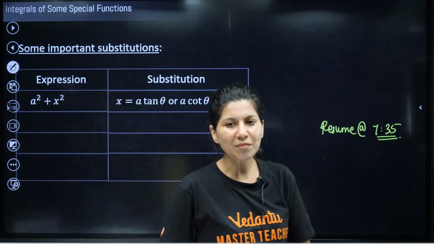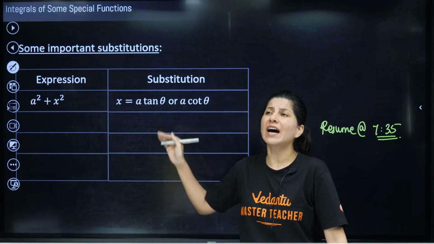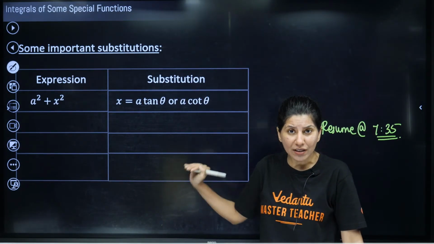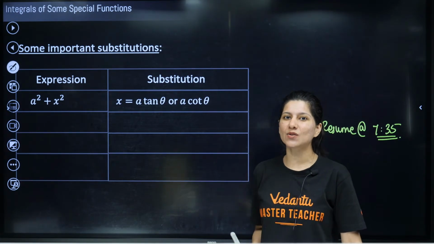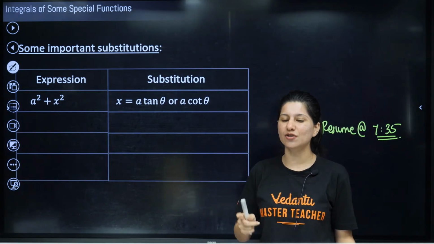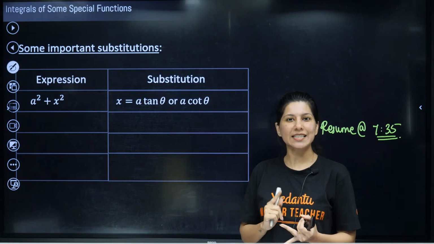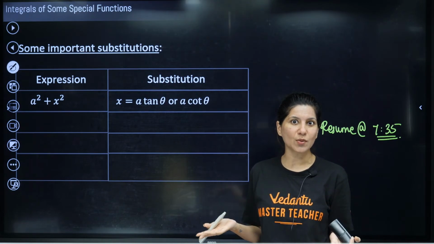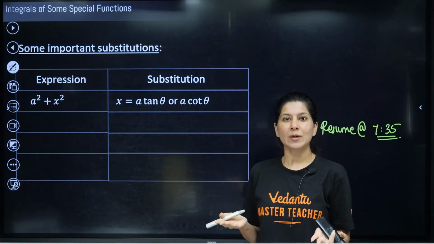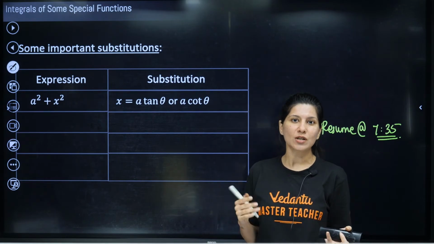Now you must be wondering, ma'am, do we have to cram this, do we have to rote it? No. Just understand, a square plus x square, you have 6 trigonometric ratios: sine, cos, tan, cosec, sec, cot. And you know the basic class 10 identities also: sine square plus cos square, 1 plus tan square is sec square, 1 plus cot square is cosec square.